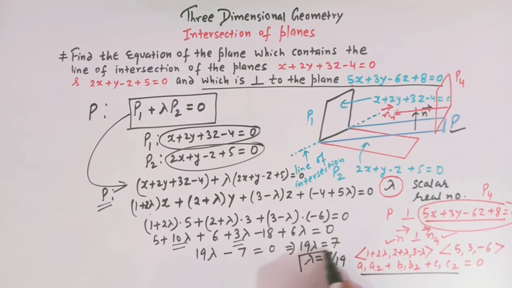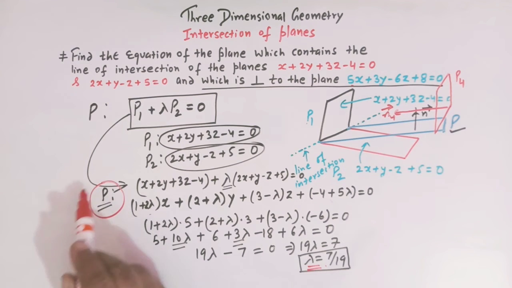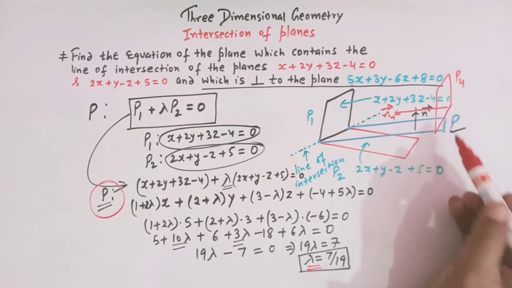So this is how we find the value of this scalar lambda, which is equal to 7 over 19. So once we have obtained the value of lambda, we can now substitute this value of lambda in this equation to get the equation of the plane P, right?